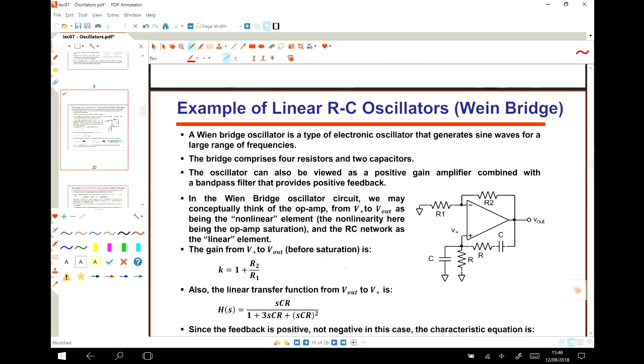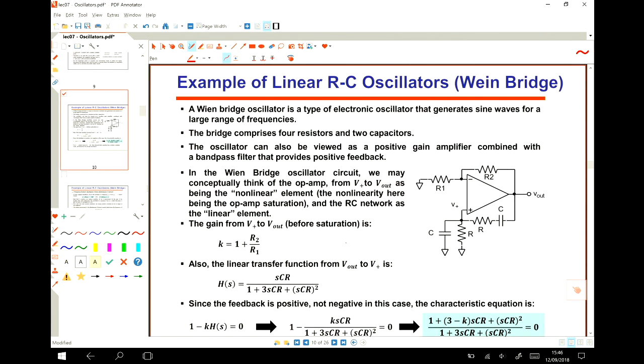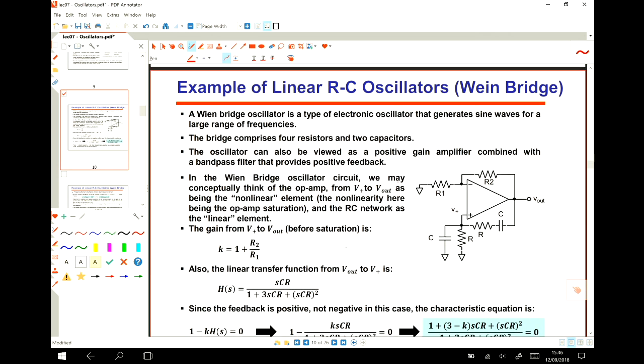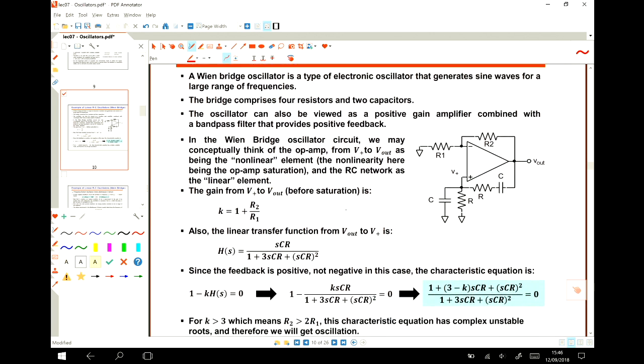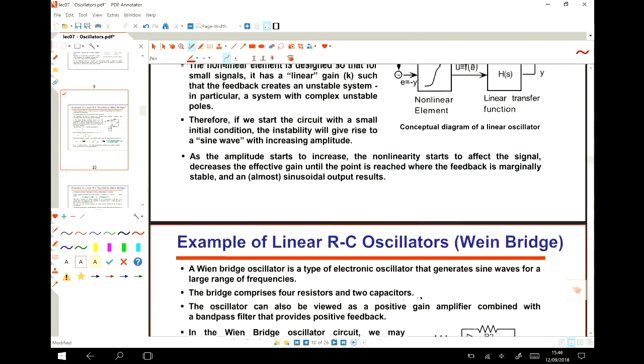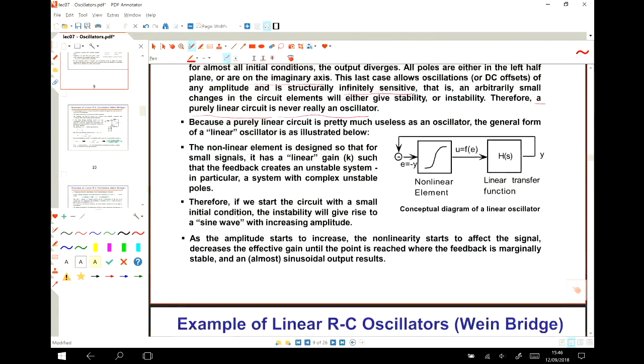Okay, so here, you should always consider the Barkhausen criterion.